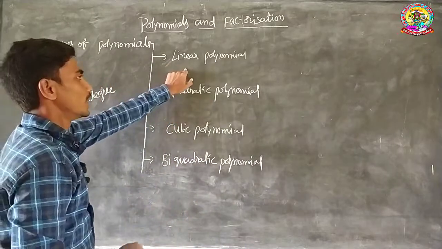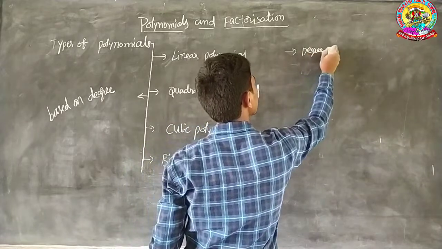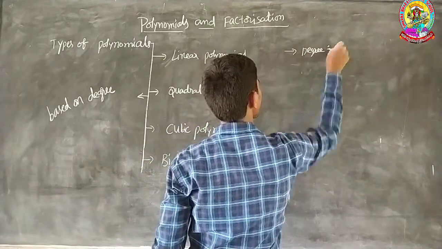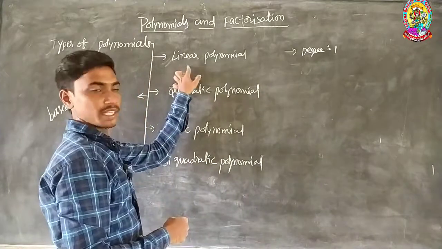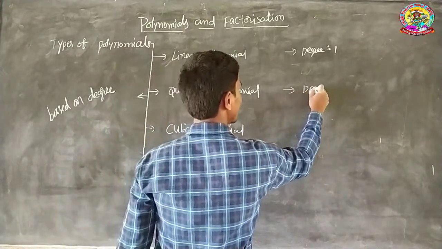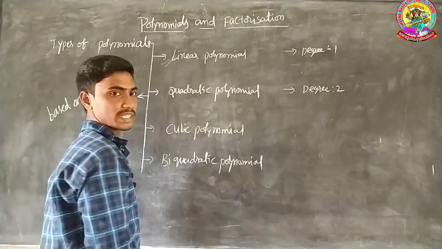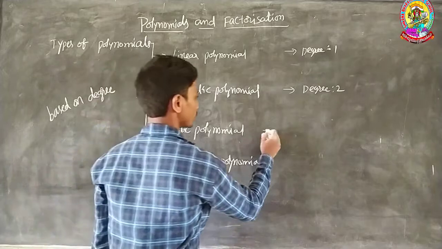Linear polynomial: if the degree of the term is 1, that is a linear polynomial. Quadratic polynomial: if the degree of the polynomial is 2, that is a quadratic polynomial.